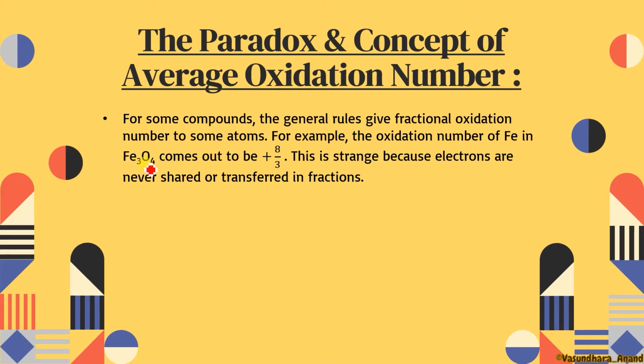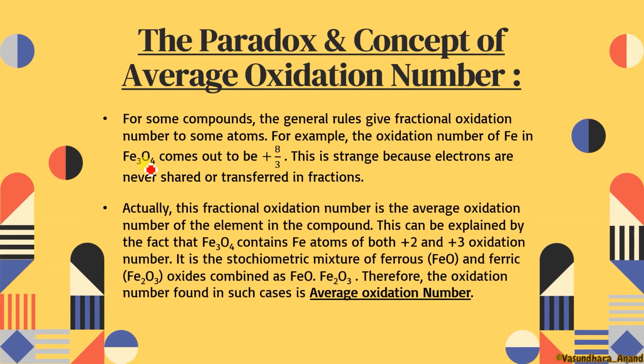Fe3O4 is a mixed oxide, and it is represented as FeO.Fe2O3. So the actual structure of Fe3O4 is FeO.Fe2O3, and that's the reason it is called ferroferric oxide.